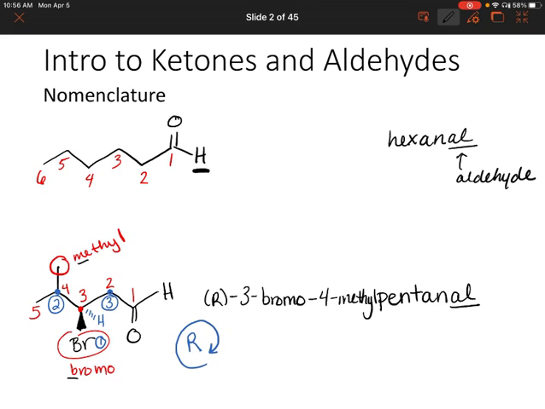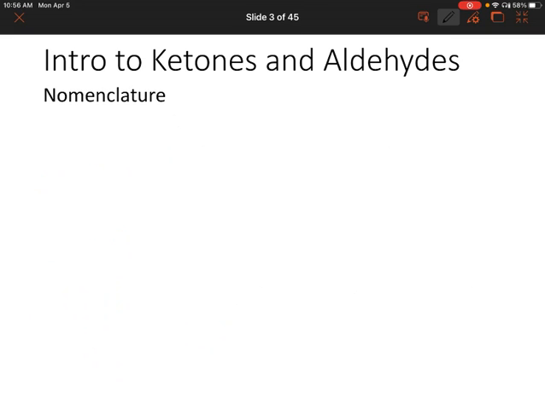All right, let's look at how to name ketones. So let's look at the following example. So let's find our longest carbon chain, but this time that carbonyl group is not at the end of the chain, it's in the middle. So we want to make sure it has the lowest position possible, or the lowest number possible.